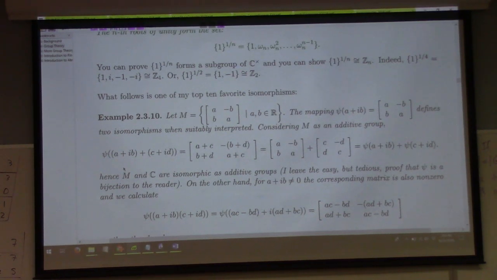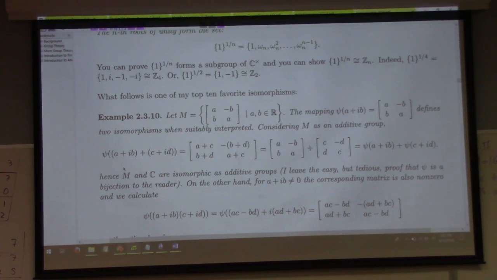One of the big ideas, guys, is that the composition of isomorphisms is an isomorphism. If I have an isomorphism from G1 to G2 and another isomorphism from G2 to G3, then G1 and G3 are isomorphic. Is any group isomorphic to itself? The answer is yes. You can just look at the identity mapping from the group to itself.